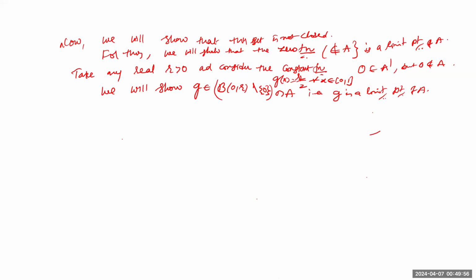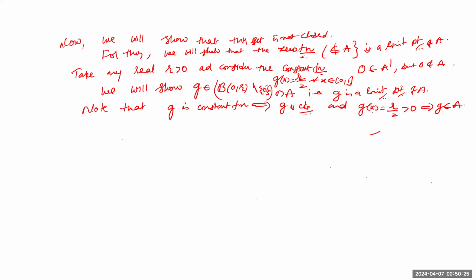Okay. So what is the g? First you should note that g is a constant function. So that implies g is continuous. And g of x is equal to r by 2, which is greater than 0. That implies g belongs to A, right?